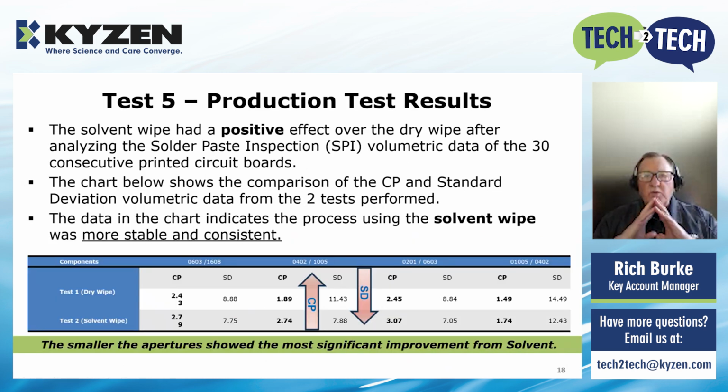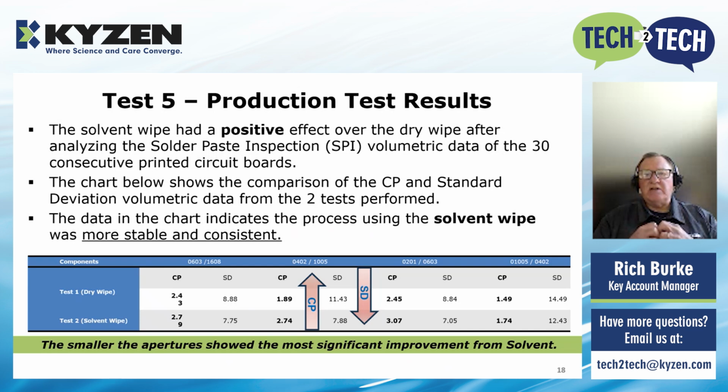Results. So what this shows us is it clearly shows us that an SPI validates using 30 printed circuit boards consecutively. SPI clearly shows us positive results with a wet wipe process. And I say this is looking at CP and standard deviation.